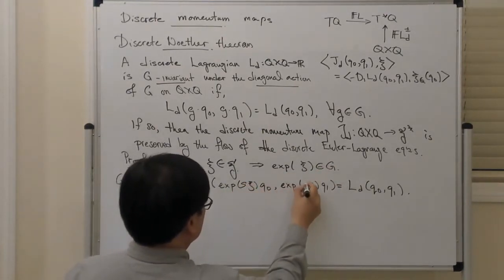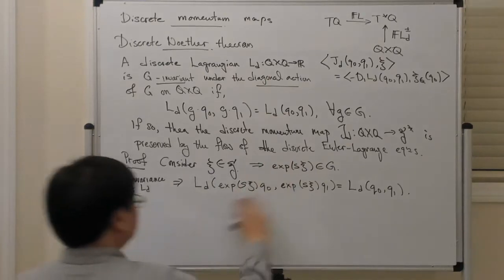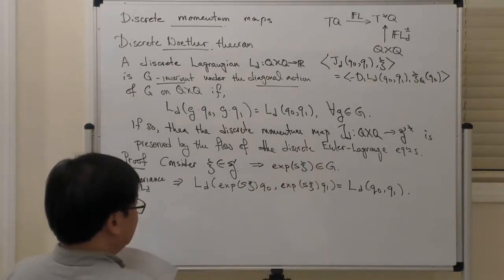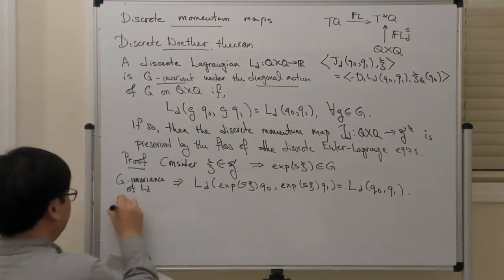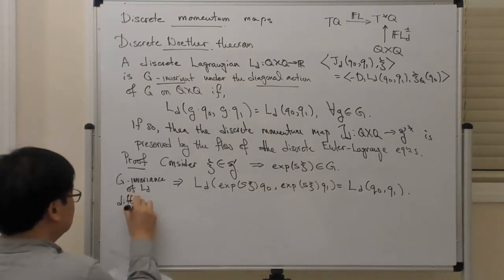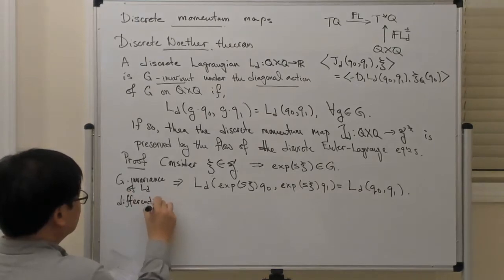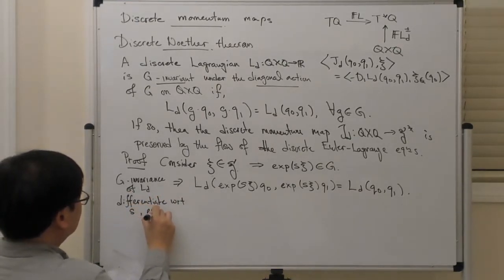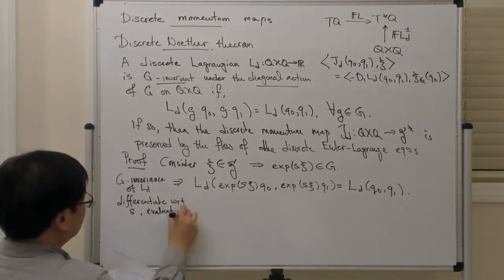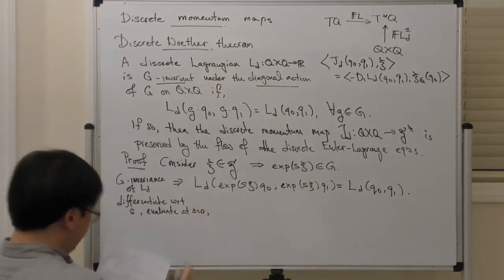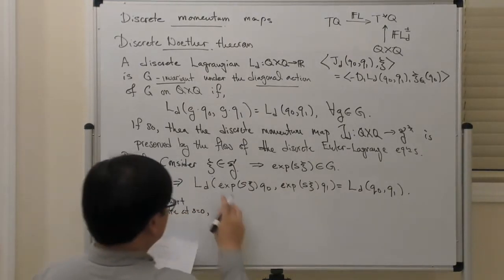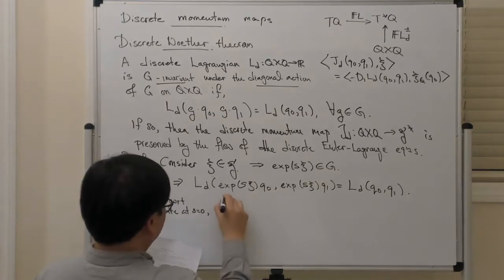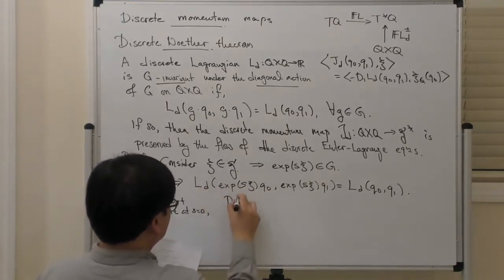Okay, and then I want to differentiate this condition with respect to s, and then evaluate at s equals 0. When you do that, of course, s shows up in both slots, so you have the derivatives with respect to the first and second slot.